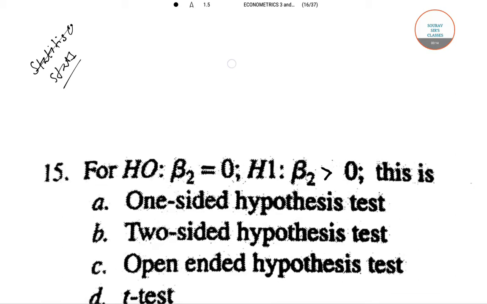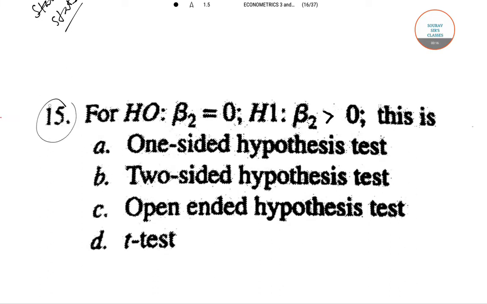So the first question, starting from question number 15, is: if the null hypothesis is beta 2 equal to 0 and the alternative is beta 2 greater than 0, which test will be appropriate?